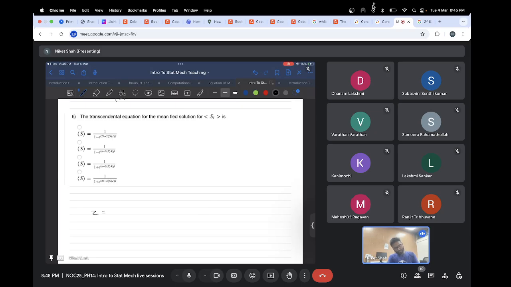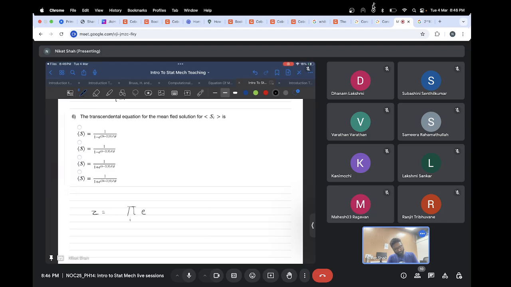Z equal to sum over e raised to power minus beta Si plus 1. No, no, it's not sum over this. It's a product of it.